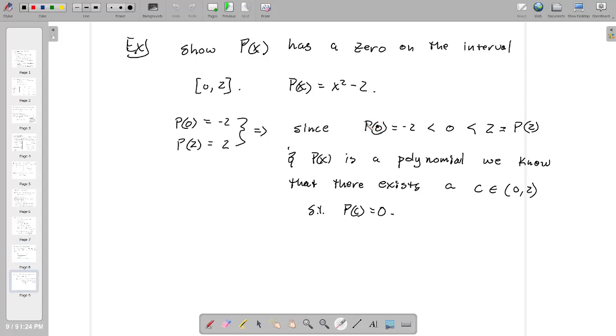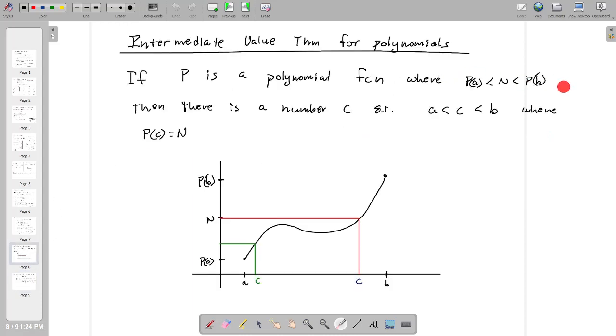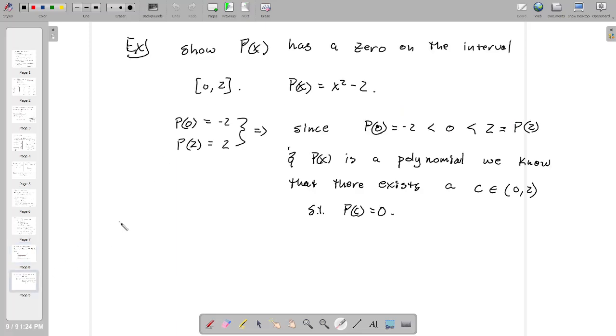P of 0, where A is equal to 0, and P of B, where B is 2, are negative 2 and 2 respectively, and 0 is between those two values. So since we meet that condition and that P is a polynomial, then we know that the conclusion of the theorem is also true. And the conclusion is that there is a number c between a and b where p of c is equal to n. And of course, in our problem, n was 0.